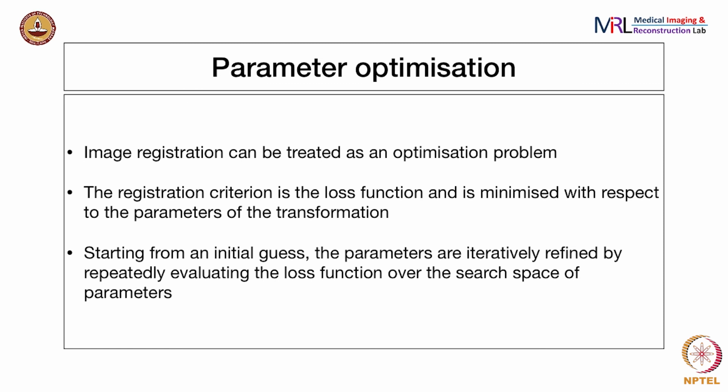It's possible by treating the image registration problem like an optimization problem, wherein you try to minimize or maximize the matching criteria with respect to the parameters of the transformation. So you start from an initial guess and you update the parameters so that the matching criteria is minimized or maximized.